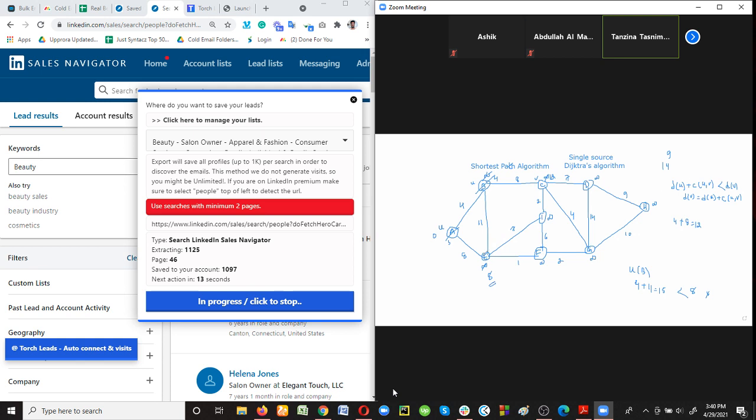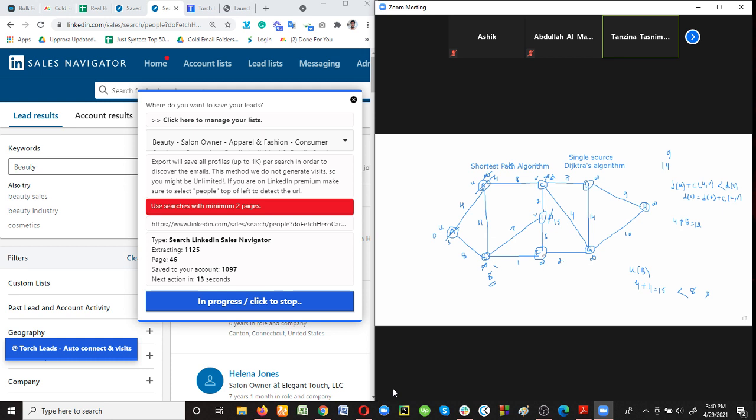This E is our source, this is U, and I is V. Apply the same rule: D of U plus C of U and V. Here the distance of U is 8. 8 plus 7 equals 15. What about the distance of the destination node I? The distance is infinite. So 15 is less than infinity, and we can change its distance. Now the new value of I is 15.